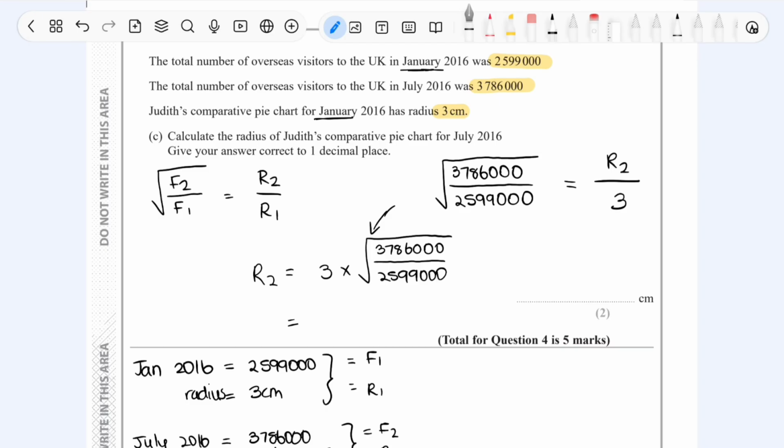And then you just have to type this into your calculator. And what you end up getting is the following. The question tells us to give our answer to 1 decimal place, and so doing this, we put this to 1 decimal place, which is equal to 3.6 centimeters.